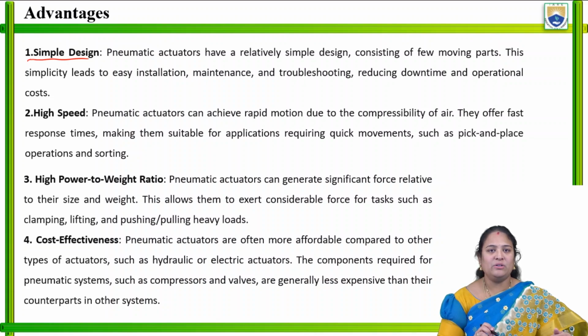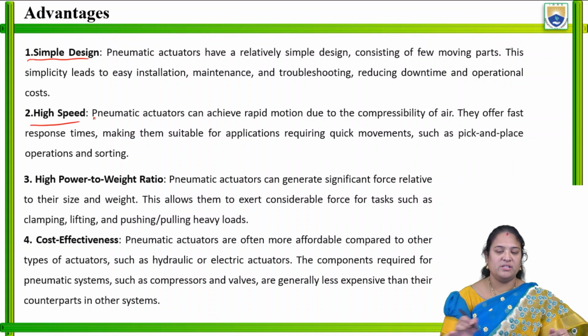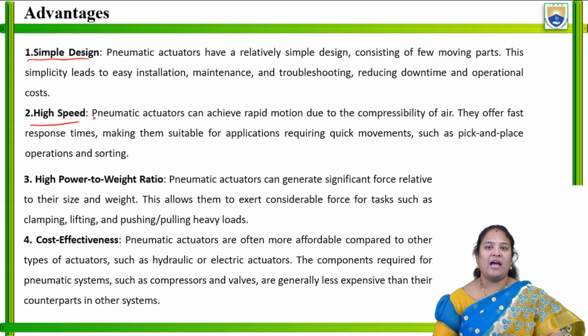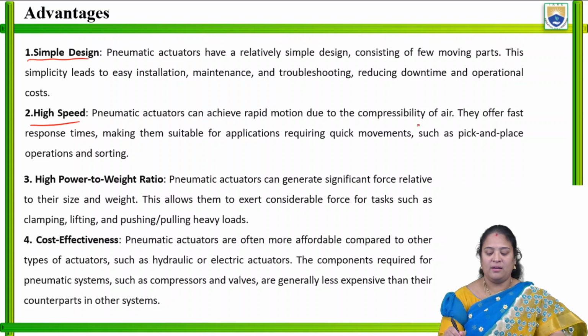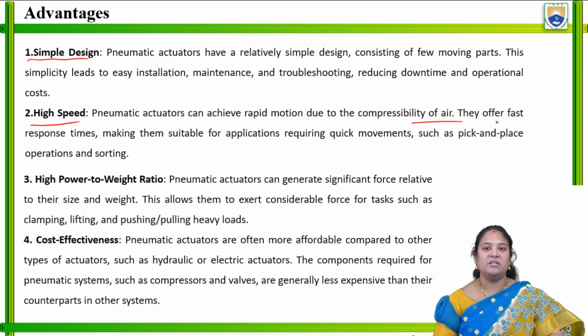And when coming to the speed, this particular type of actuator has a rapid motion due to the compressibility of the air. There will be a rapid movement of the air within the actuator, due to which the pneumatic actuator works at a higher speed, right? The time will be reduced.